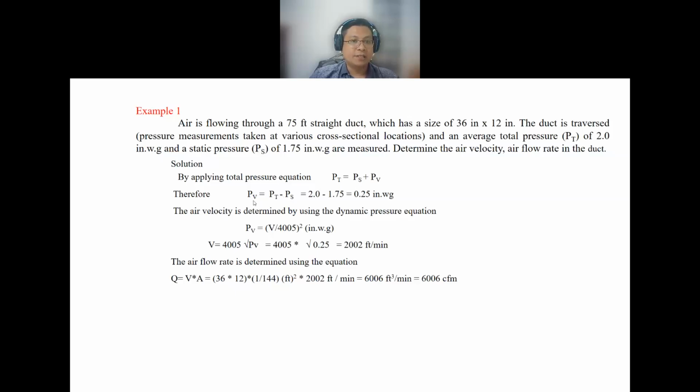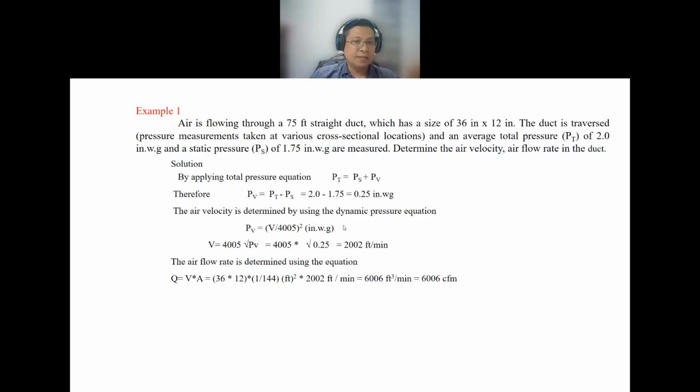So the question is dynamic. Just move PS from the right side to the left side by changing to negative, and we get the formula PT minus PS equals PV, the dynamic pressure, which is 0.25 inches water gauge.